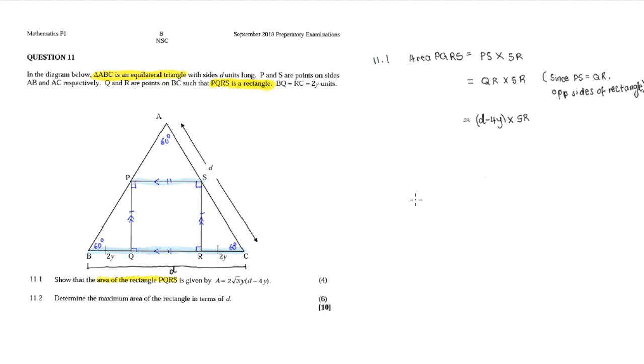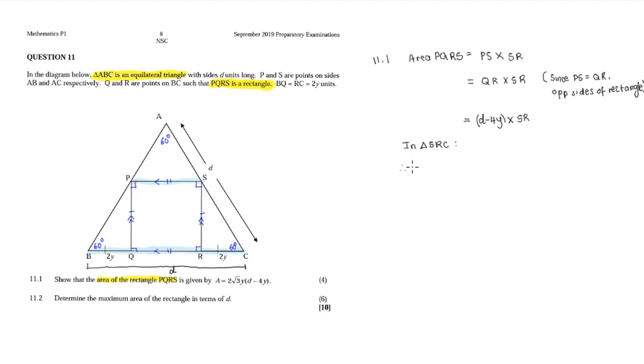And to find SR, you can work in triangle SRC. In that triangle, SR is an opposite side. You have a given adjacent side RC. You have an angle of 60 degrees.